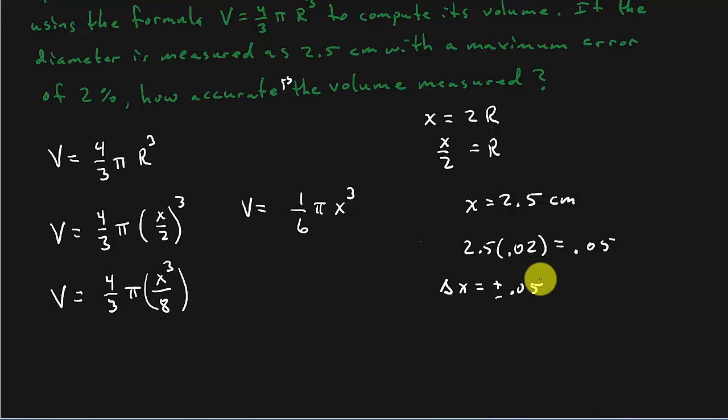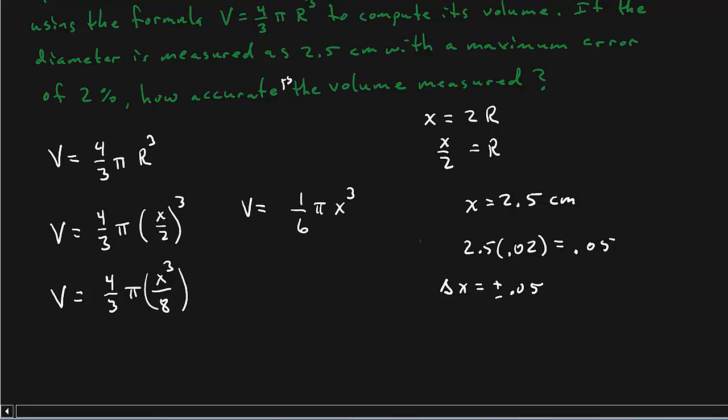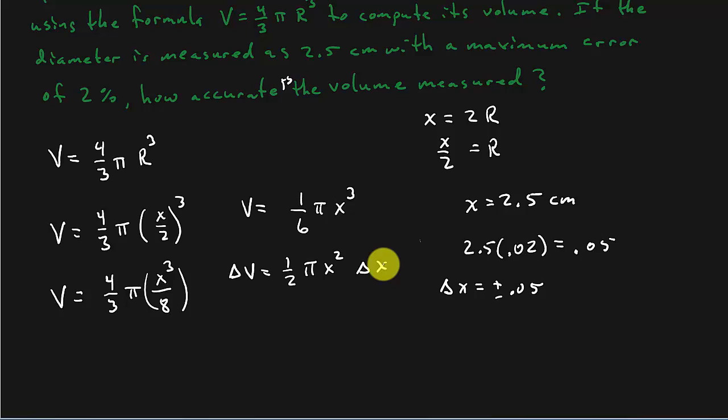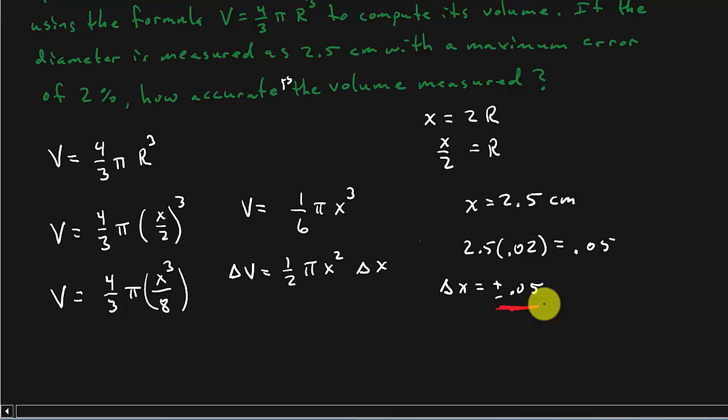So what do they want to know? They want to know the maximum error in volume. So this is where we take delta V is equal to 1/2 pi x squared times delta x. And there you have it. Now all we do is plug all these numbers in. We plug in this value, and then we plug in the 2.5.